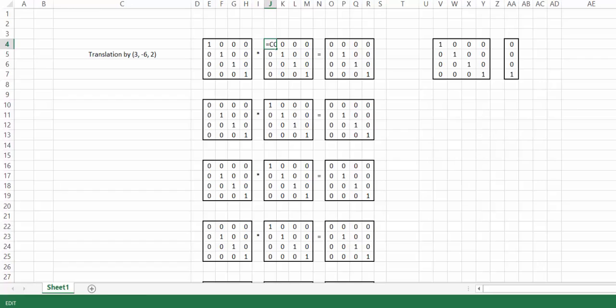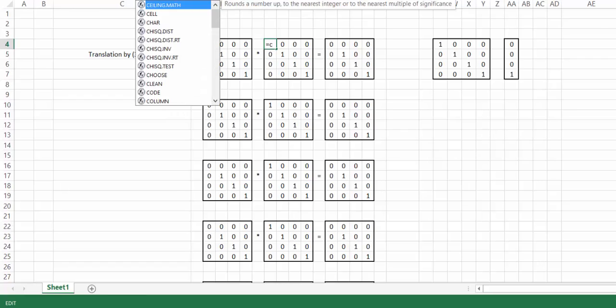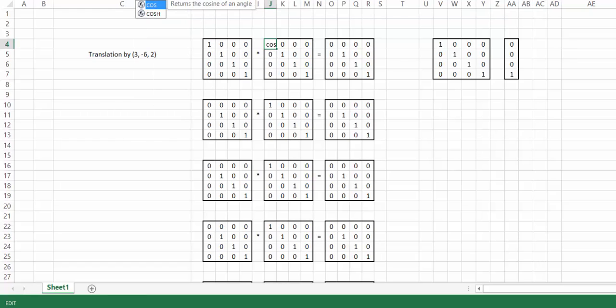Is cosine not a function here? Cos, yes, it's a function. Returns the cosine of an angle. And say that for minus 30 degrees.